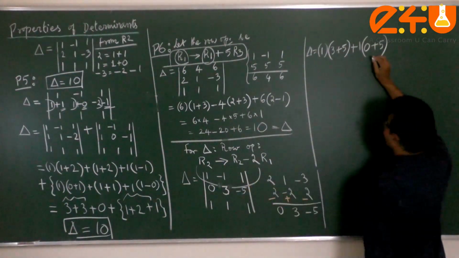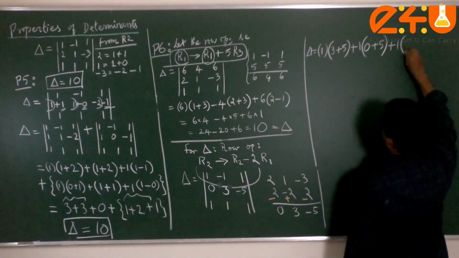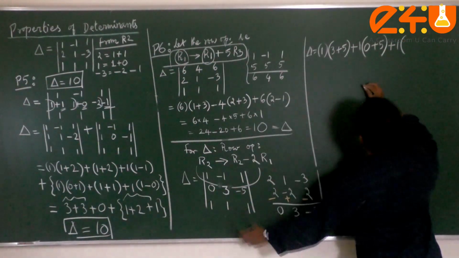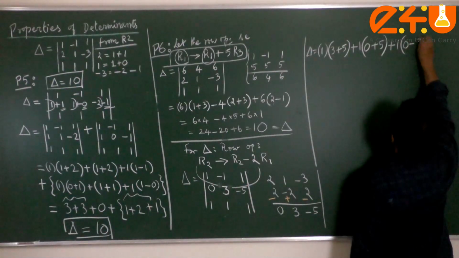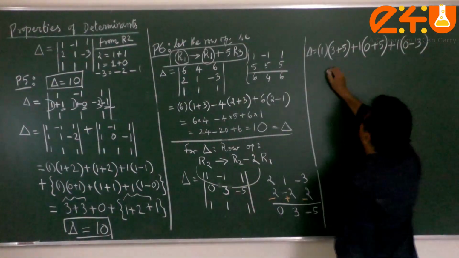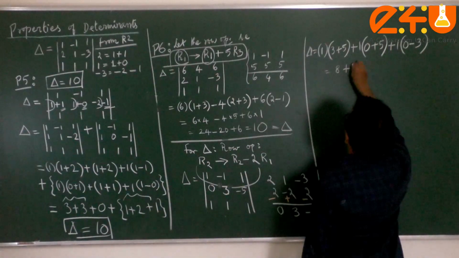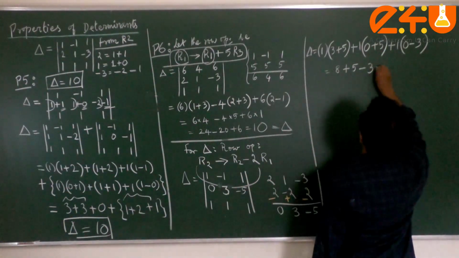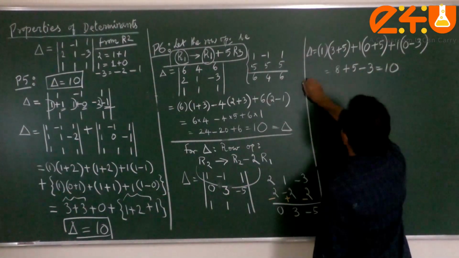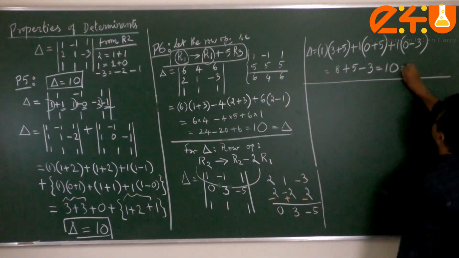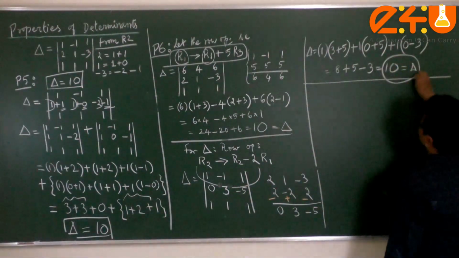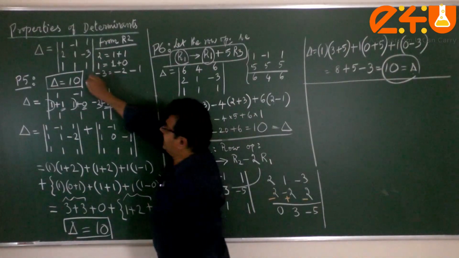And followed by plus 1 into 0 times 1 minus 3. So the answer is 8 plus 5 minus 3, that gives 10 again, which is the original value of delta, as you know from the beginning.